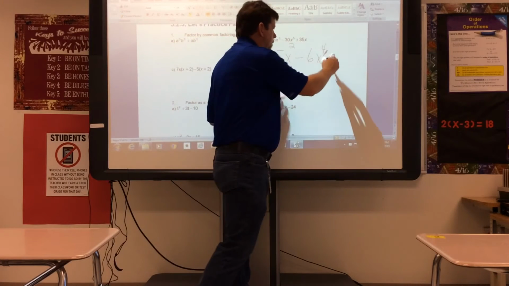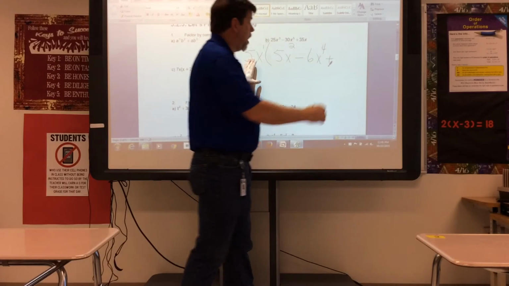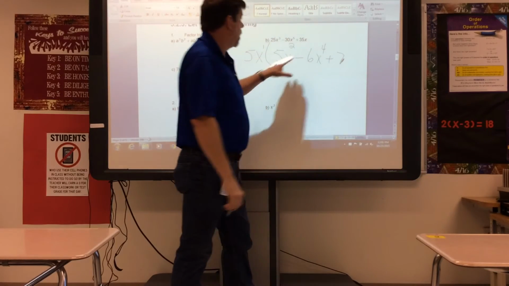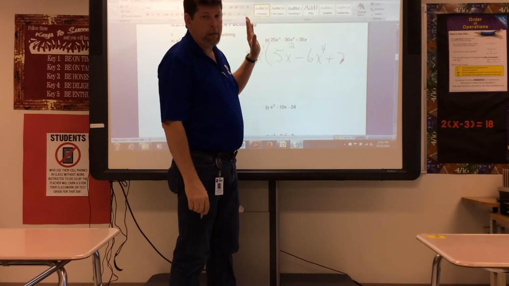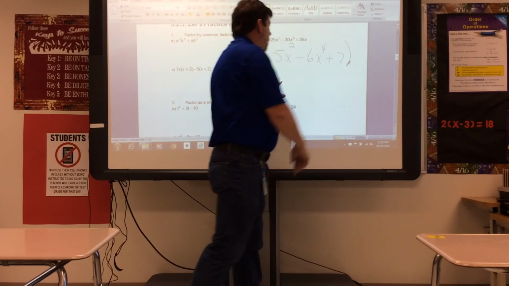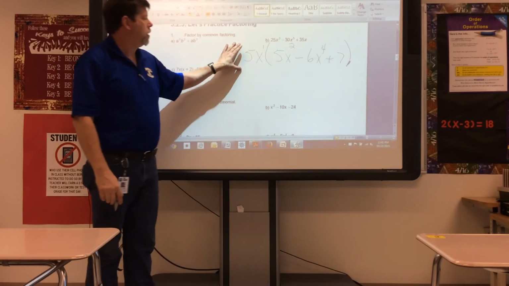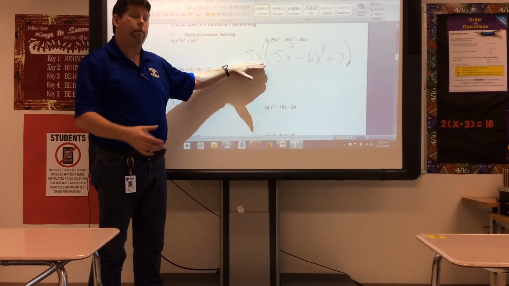Bring your plus down. 35 divided by 5 is 7. X to the first power divided by x to the first power is x to the 0 power, we don't have to worry about it. So this is the factored form for B, pulling out a common factor of 5x.